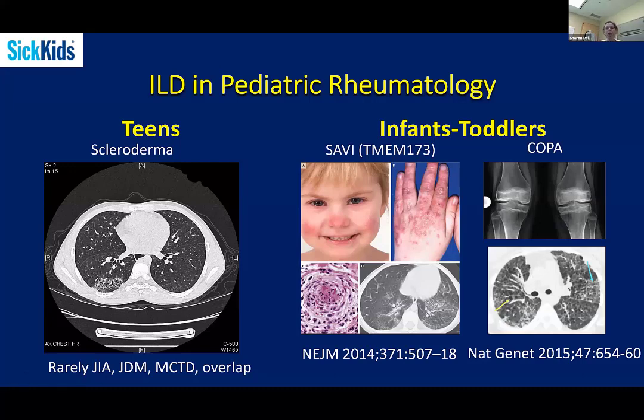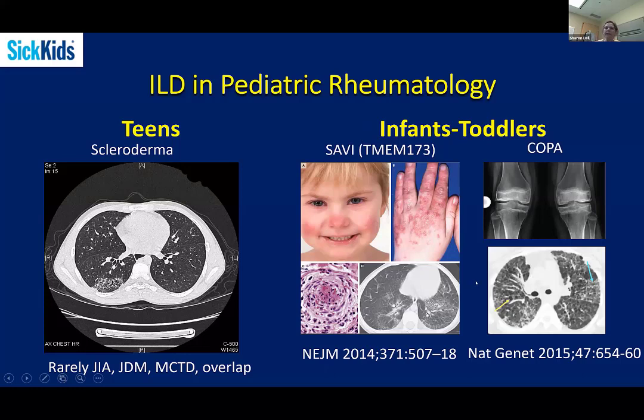So infants and toddlers, you will see, again, this is very rare, but you will see infants and toddlers who present with classic CT that looks like classic interstitial lung disease. When you biopsy, it may have an NSIP pattern or a different type of fibrosing lung disease pattern.